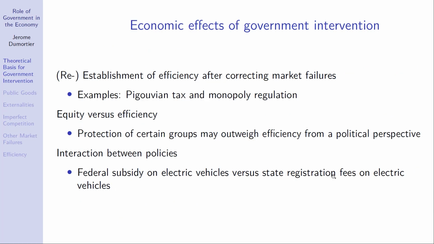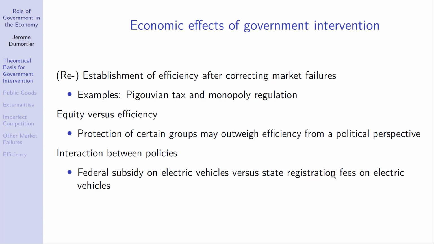Now, the question is, what are the economic effects of government intervention? We will see that, for example, government intervention can actually re-establish market efficiency to correct for market failures. An example here would be a Pigouvian tax or a monopoly regulation.